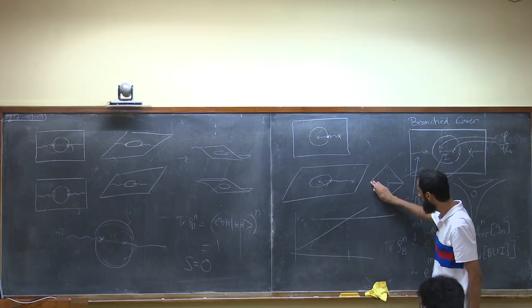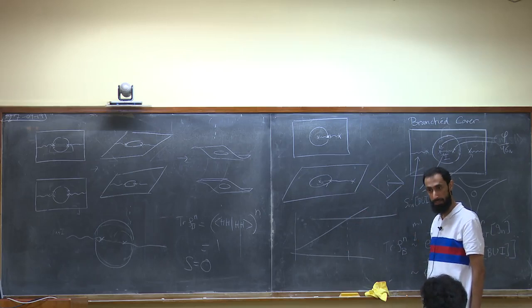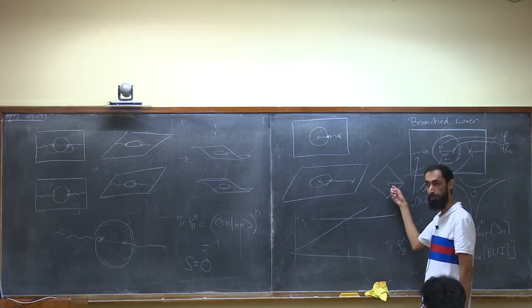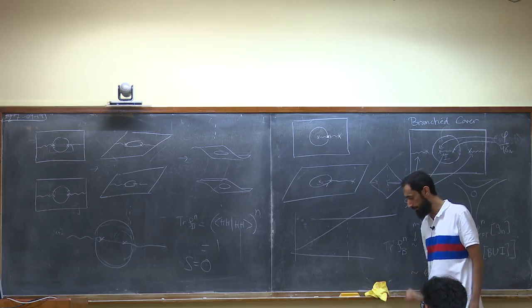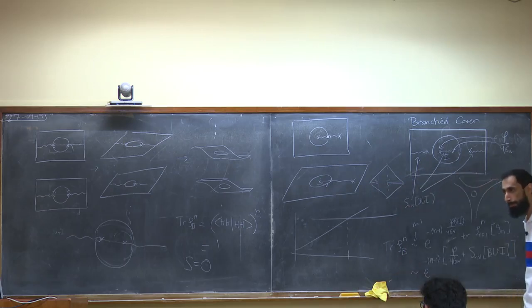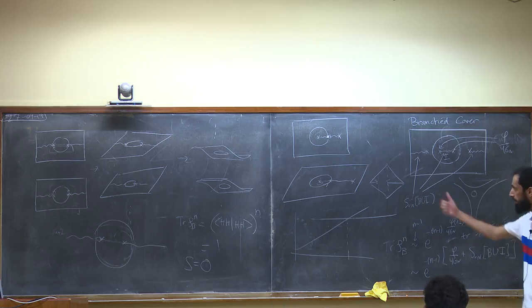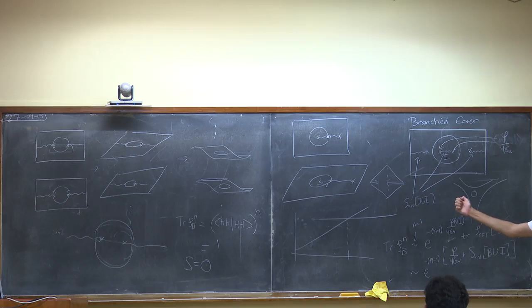But that's still smaller than the entropy of a half space, because the entropy of a half space is infinite. So even if you put S0, the island is still relevant. It will respond a little bit. The location of the extremal surface won't change, just the value of the entropy.